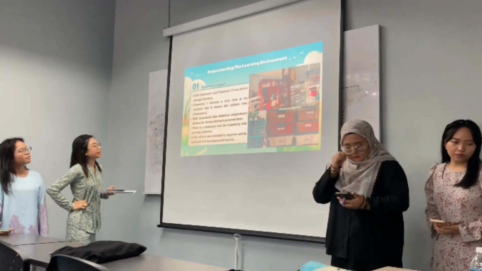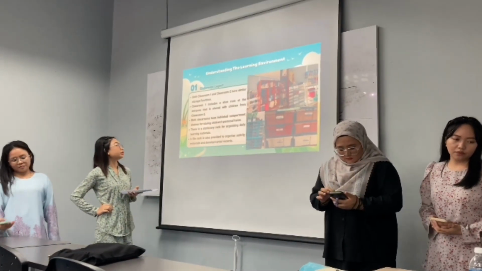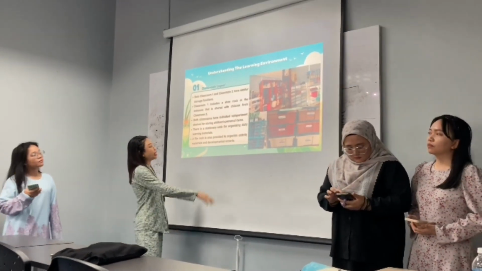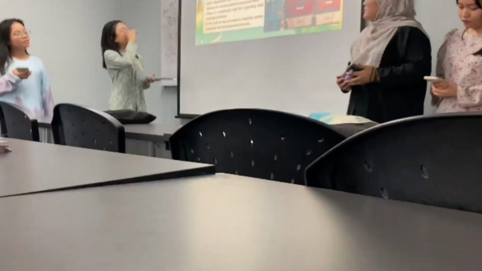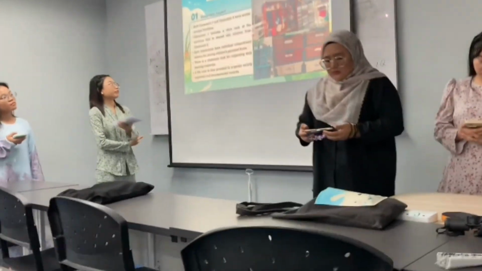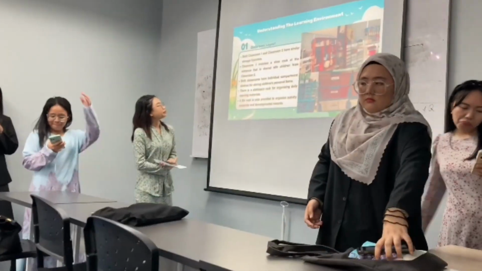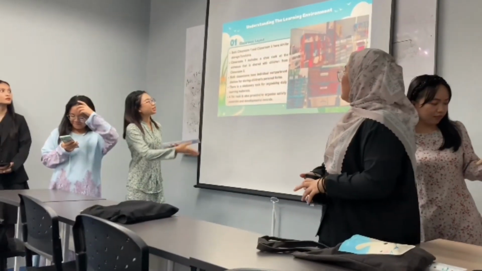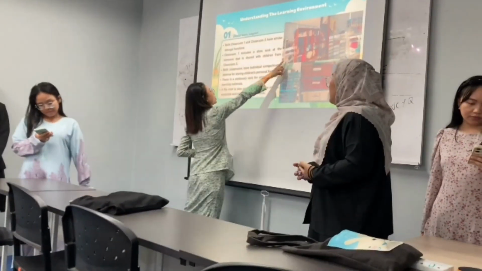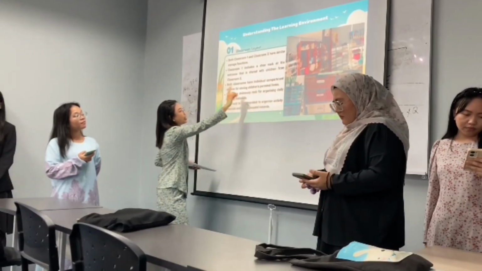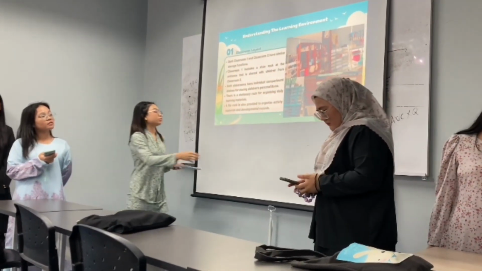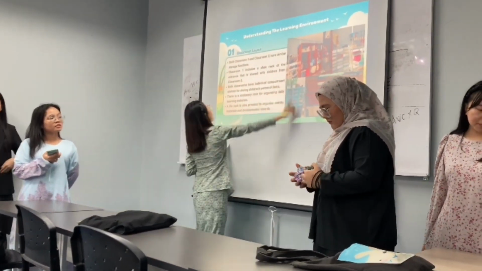Understanding the learning environment. The first one is classroom layout. They have two classrooms. Both classroom 1 and classroom 2 have clear supervision. At the entrance, they have a shoe rack, which classroom 1 and classroom 2 share.